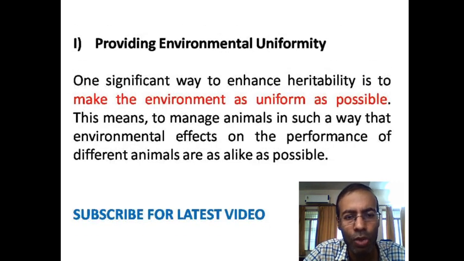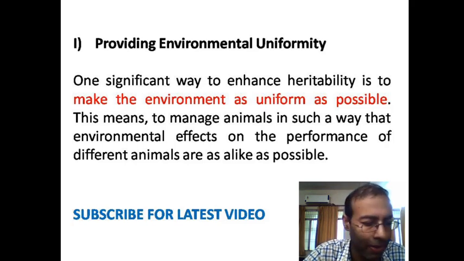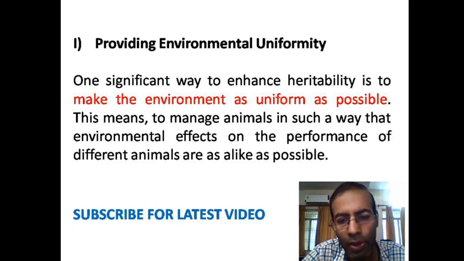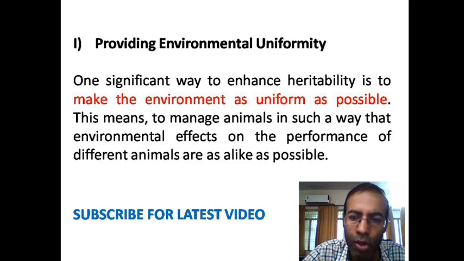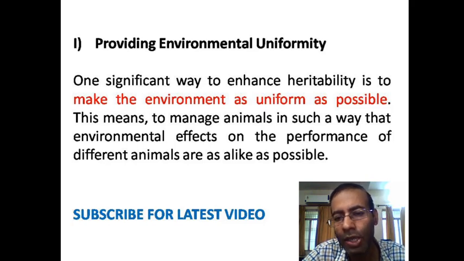The first and most important is providing environmental uniformity. If you provide a uniform environment, in that case your environmental variance will be low, and when environmental variance is low, your heritability value will be high, because in the formula of heritability, the environmental variance contribution is coming in the denominator.